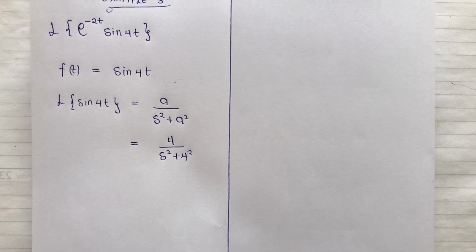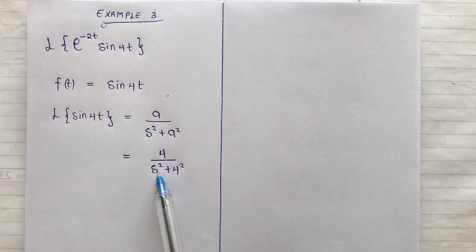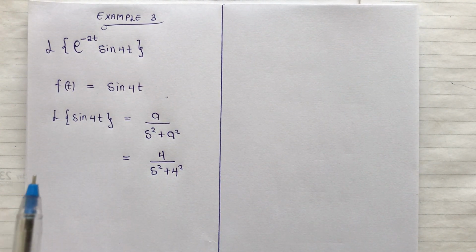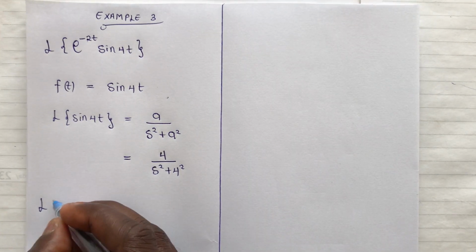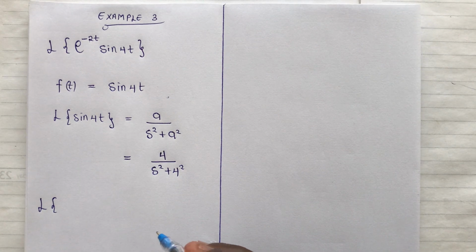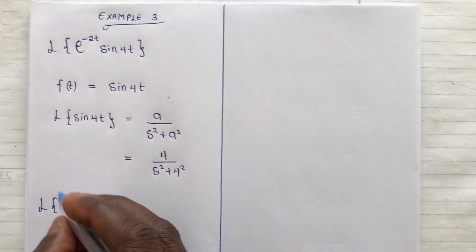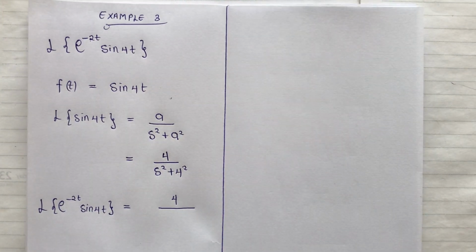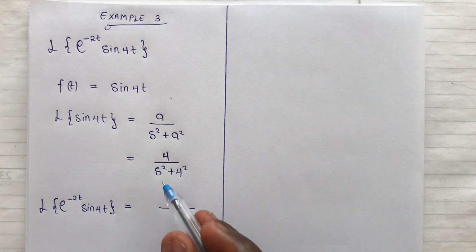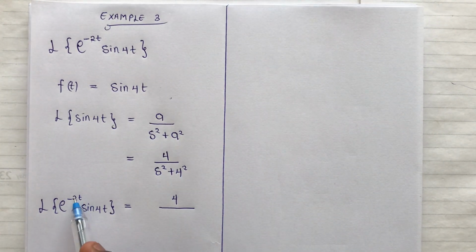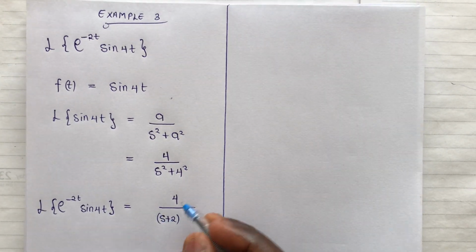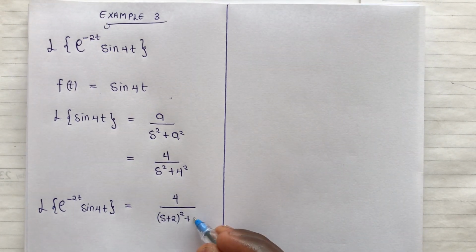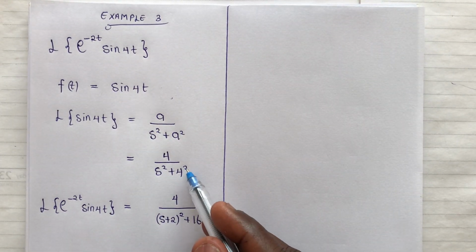Now from this knowledge, wherever we see s, we put in s plus these 2. So the Laplace transform of e minus 2t sine 4t will be 4 out of, now watch very carefully, this side is negative, so we replace s with s plus the value 2. So we have s plus 2, we square it, plus 16 coming from here.